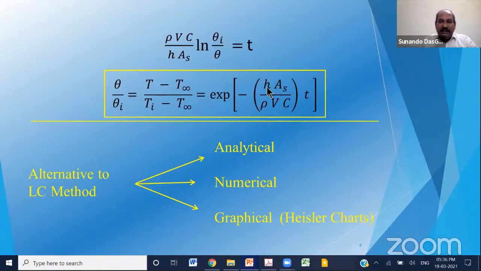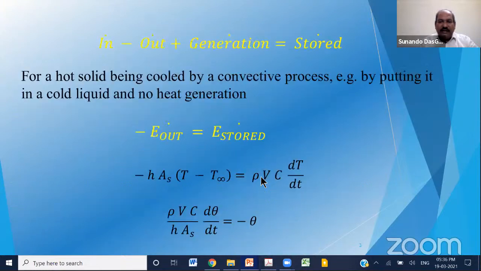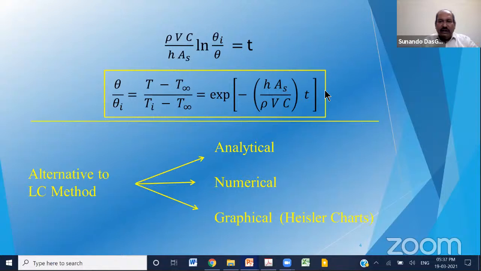It depends on the parameters h, A_s the surface area, rho the density, V the volume, and the specific heat, together with the initial temperature of the ball and the temperature of the medium. So the variation of temperature with time can be obtained in this fashion, which is known as the lumped capacitance method, which is only valid when the Biot number is quite small as compared to 1. So this is the relation.